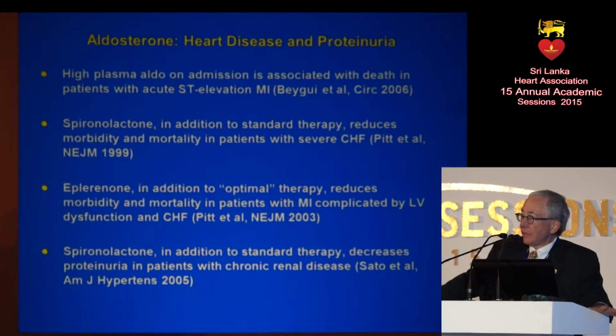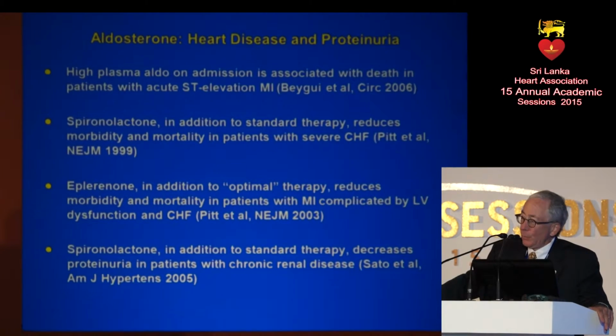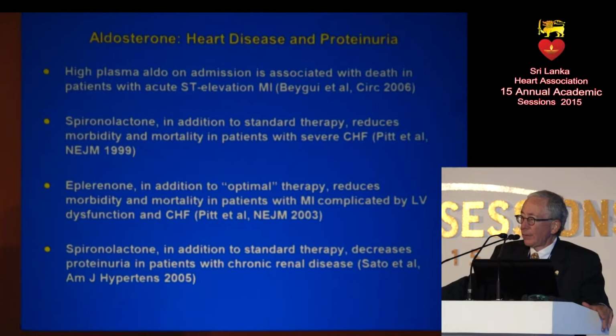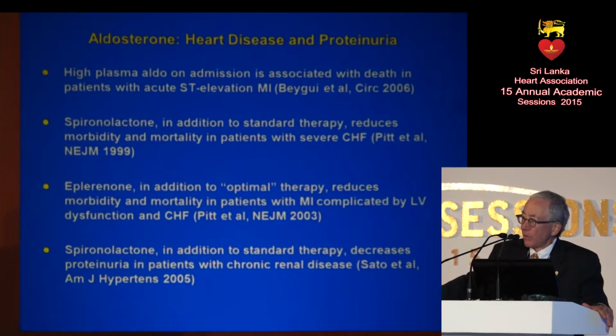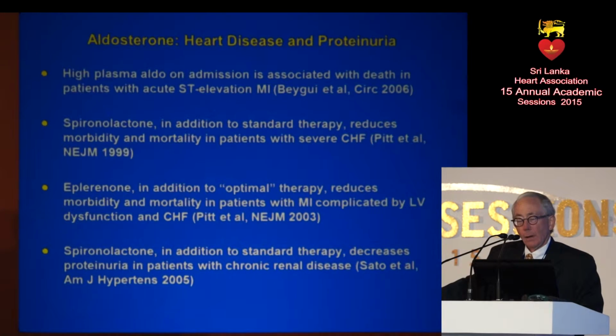So I think there is this concern about the relationships of aldosterone with heart disease and kidney disease, and why anybody with resistant blood pressure probably should be considered for treatment with a mineralocorticoid receptor blocker.